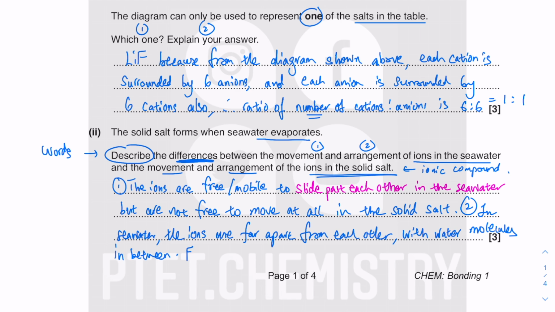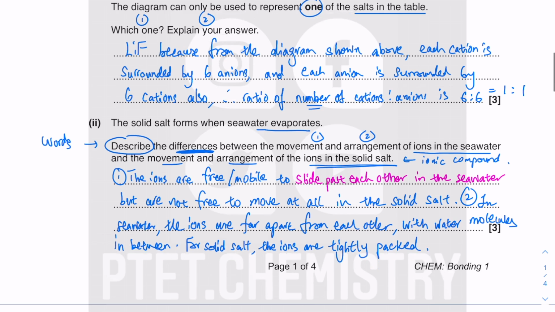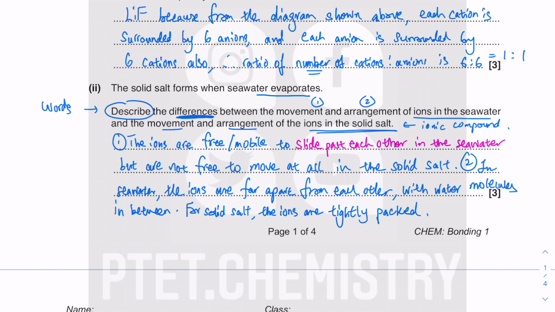For solid salt, the ions are tightly packed. In the solid state, the particles, in this case the ions, are tightly packed close to each other. Tightly means they are touching each other.